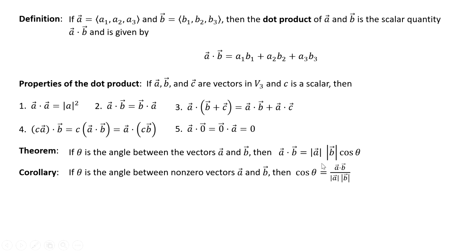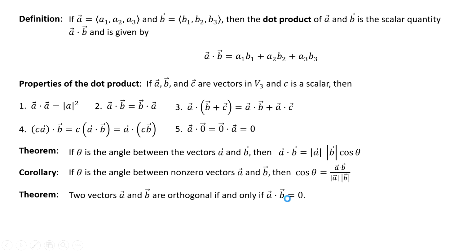But that's a very useful one. This formula of cosine theta is the dot product divided by the product of the magnitudes. It's useful because oftentimes we would be required to find the angle between two vectors, and then we will employ this formula. Cool.